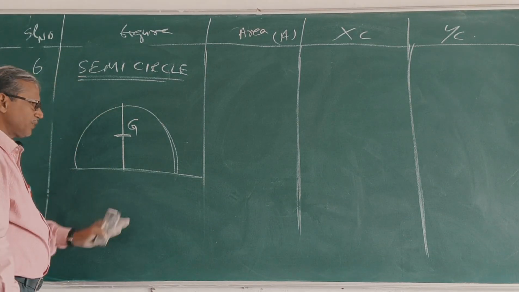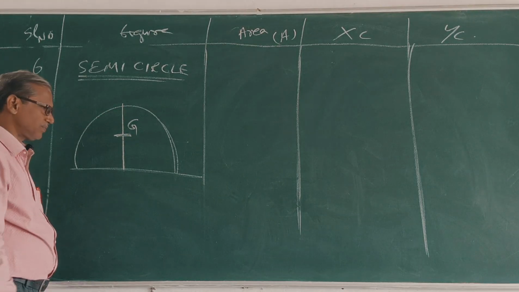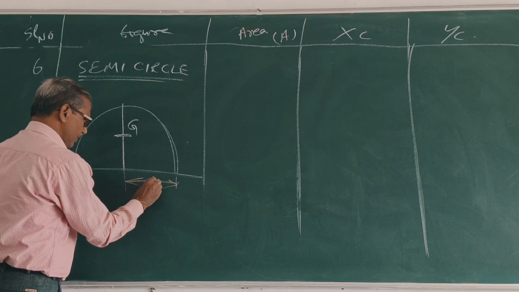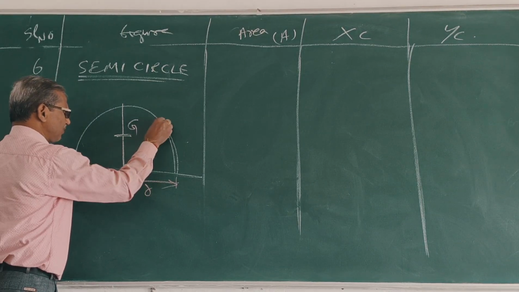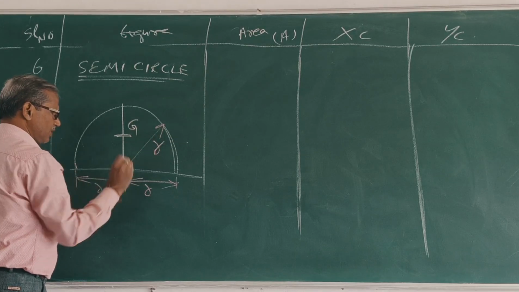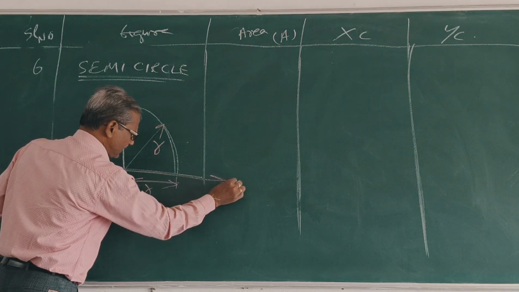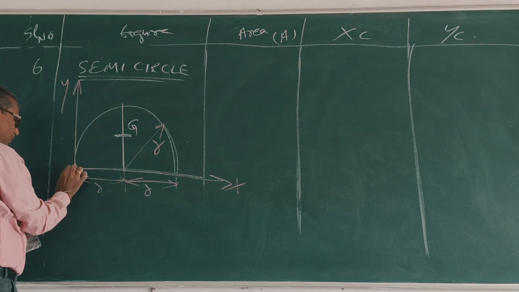This is symmetry about the y axis, so the CG lies on this axis. Suppose this is radius R. Clear? If you take this as x axis and the left as y axis, this is the origin.